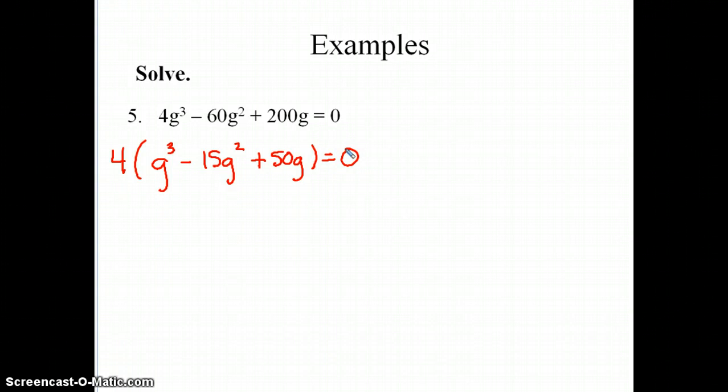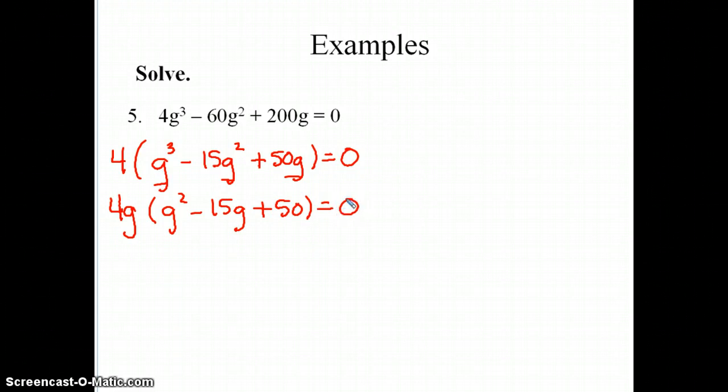Now I go back and I'm looking for a GCF again. You notice I pulled out a GCF of 4, but I also have a GCF using the variables. So now I'm going to pull out that GCF. So my full GCF is actually 4g. When I pull that out, I end up with g squared minus 15g plus 50 is equal to 0.